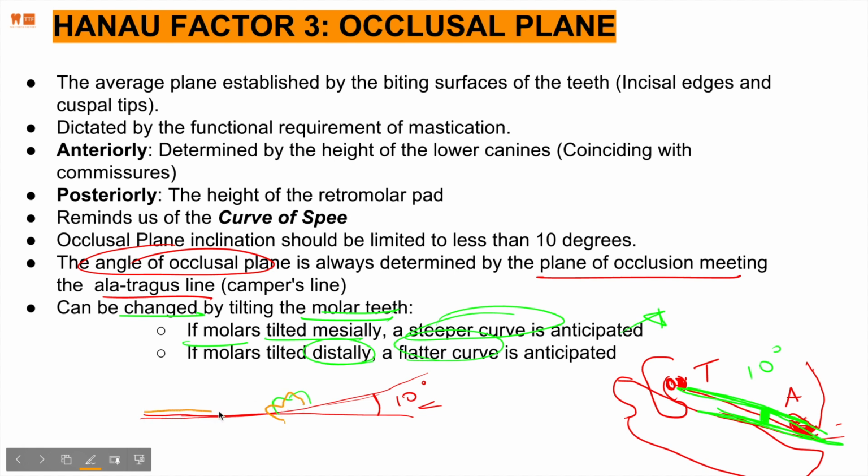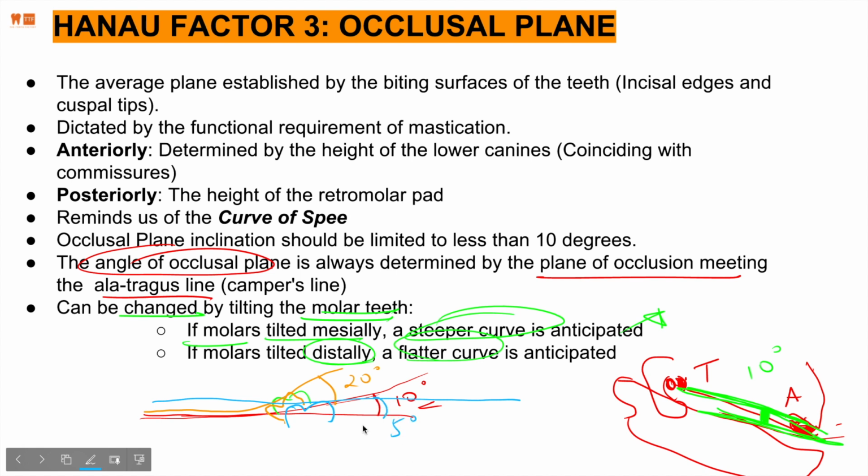Wouldn't this line turn into this, and that angle goes up to 20 degrees? What if I were to turn this molar into a distally tilted molar? Wouldn't this kind of get flatter, making this a 5-degree angle?